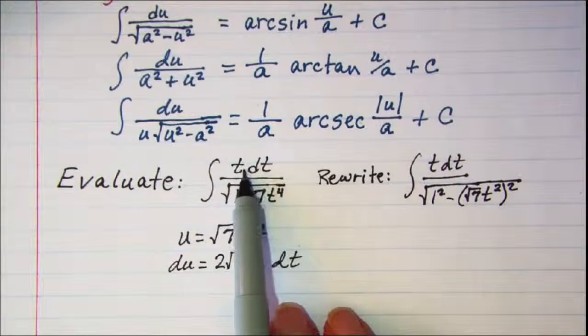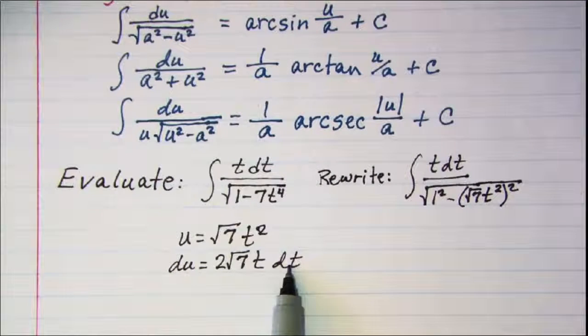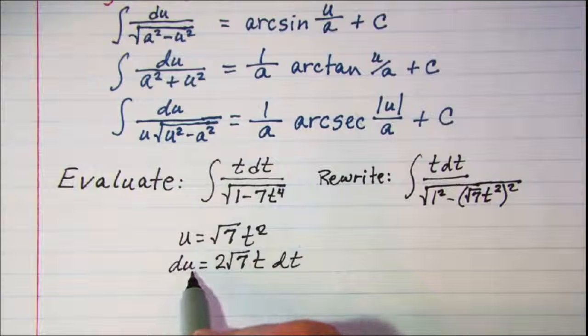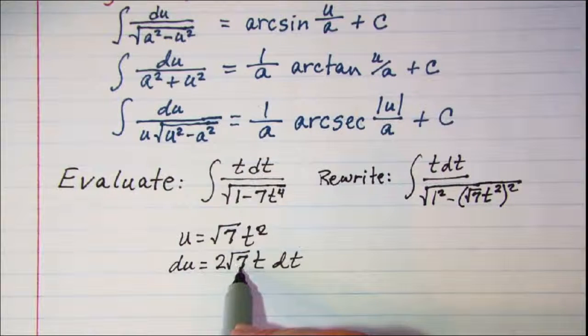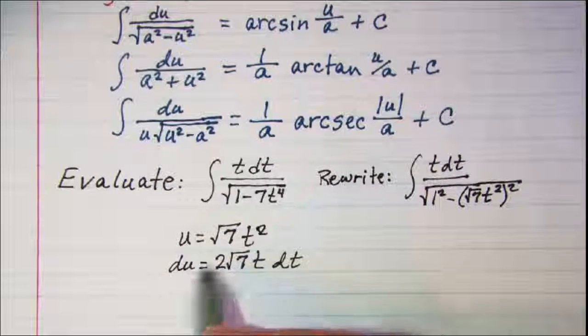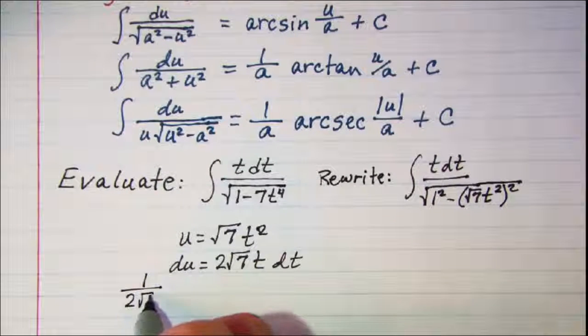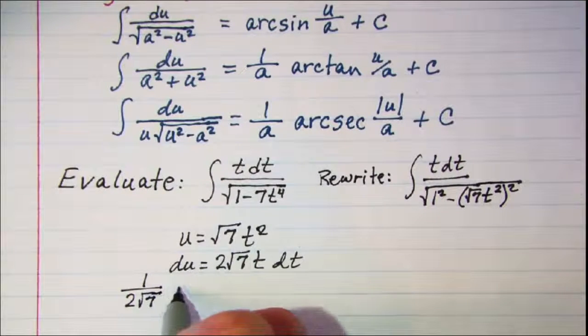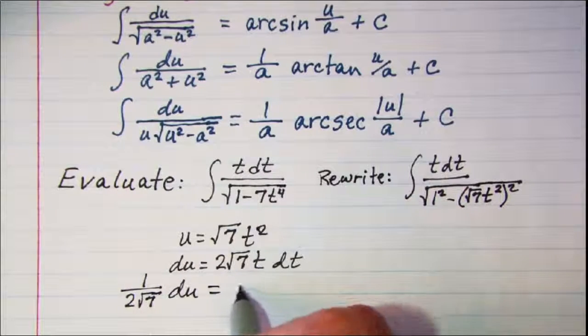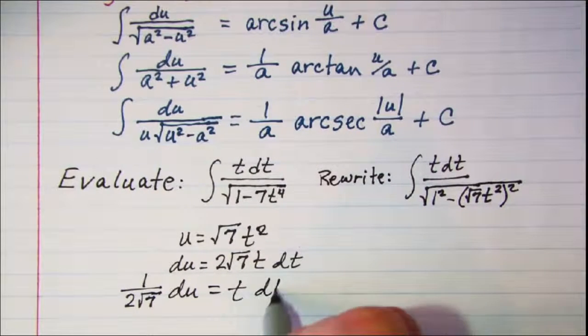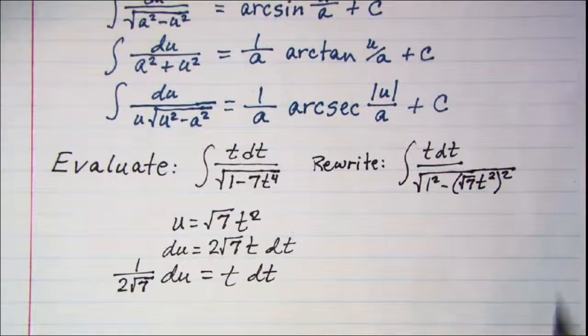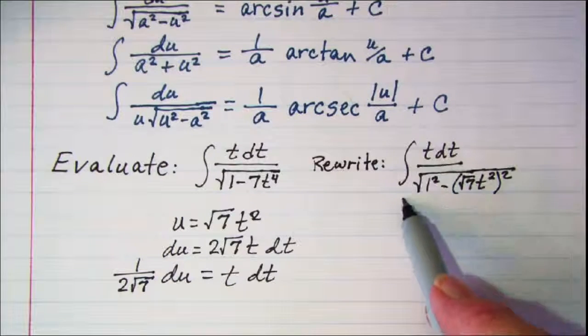Now I have t dt up in the numerator, so I'm going to multiply both sides by 1 over 2 root 7. So I have 1 over 2 root 7 du is equal to t dt. Now I can sub back in here.